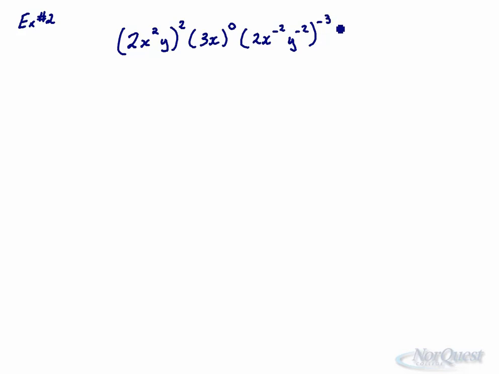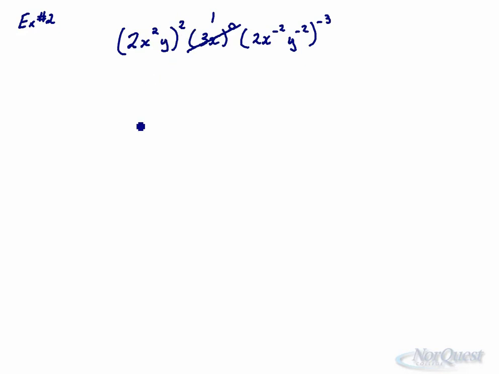This one's a little bit more complicated. You can see we've got quite a few power of a powers. We also have an exponent of 0, and that's the one I always tend to take care of first, because that really simplifies my expressions. Anything to the power of 0 is 1, so 3x to the power 0 I'm just going to replace with the number 1. Do power of a power to the first term.